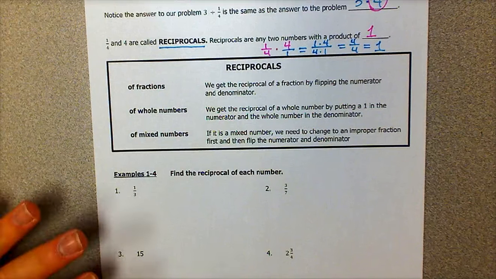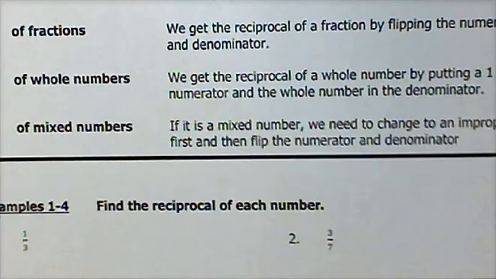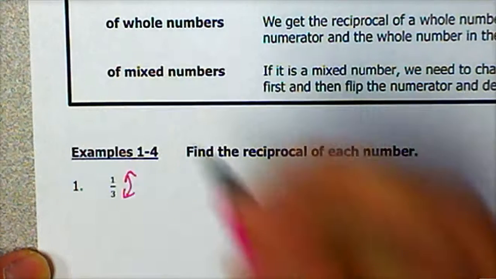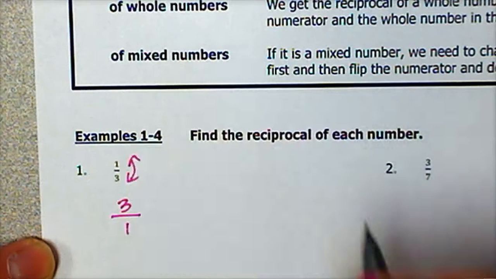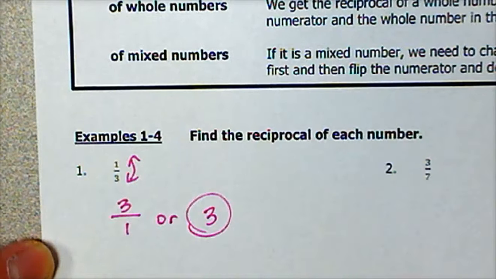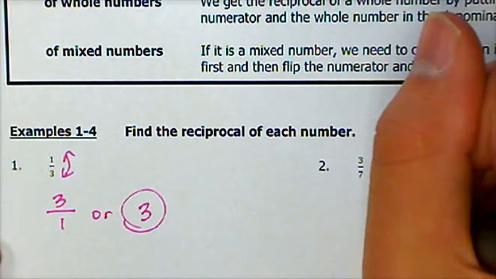So starting with example 1, 1/3. To find its reciprocal, I just flip my numerator and denominator. The reciprocal would be then 3 over 1, or that's just the whole number 3. Number 2, 3 over 7.